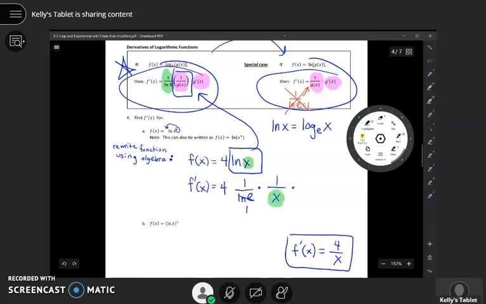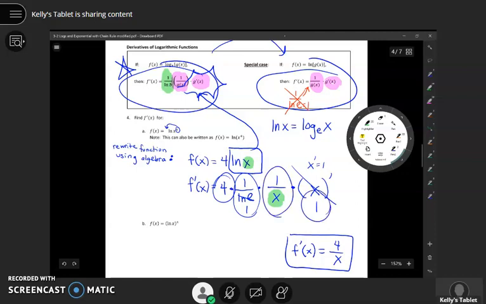Times the chain rule part. The chain rule says tack on the derivative of the argument. But again, my argument's just a plain x now, and we know the derivative of x is just 1. So again, that's just 1. So I really just have 4 times 1, those are side by side multiplying, times 1 over x times 1 again. That's just a 4 in the numerator and an x in the denominator. That is the same answer as we got before.